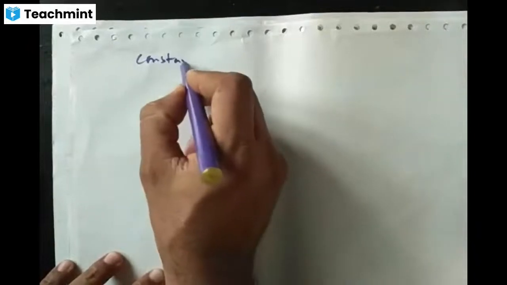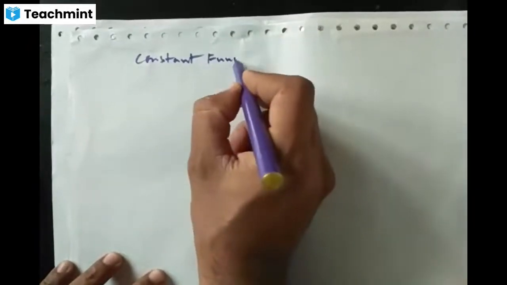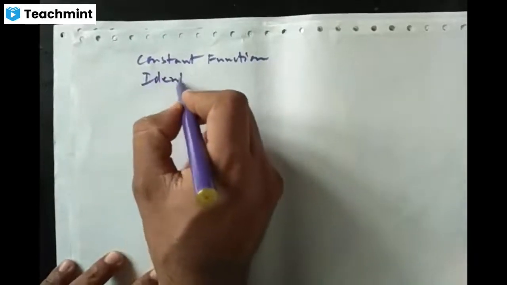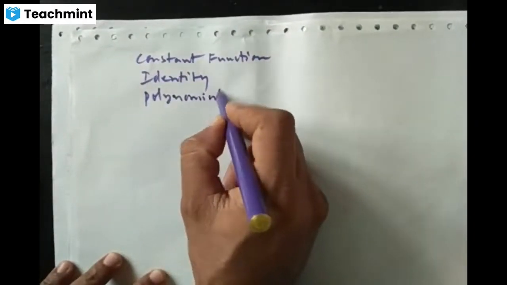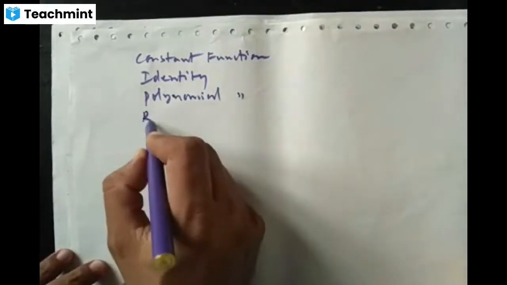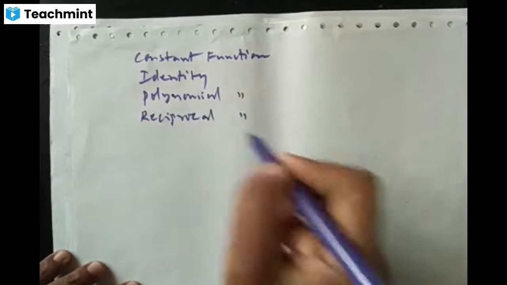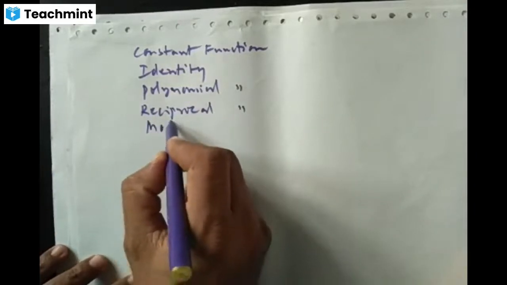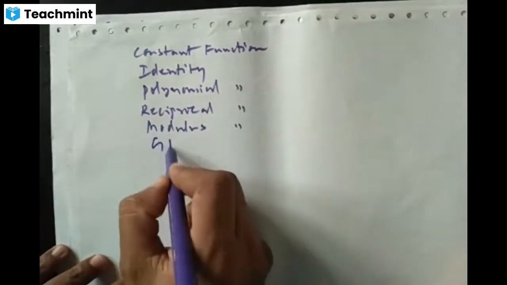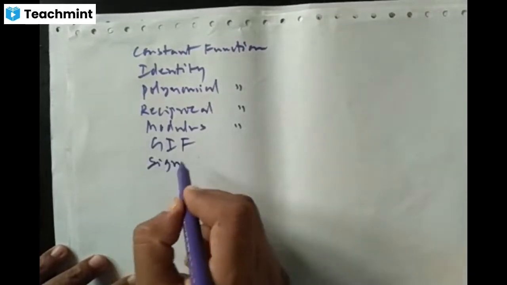Dear students, in first year you have learned different classes of functions, like constant function, identity function, polynomial functions, reciprocal functions, and after that modulus function, greatest integer function, signum function, trigonometric functions.